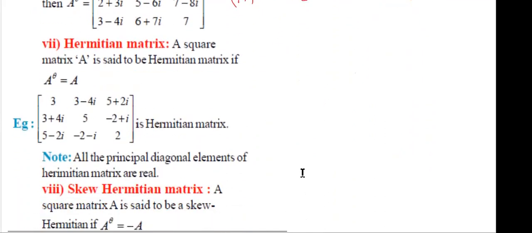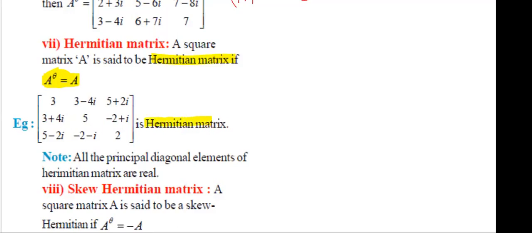Hermitian matrix. See here, Hermitian matrix. A square matrix capital A is called a Hermitian matrix if A conjugate whole transpose is equal to A. If you get the same matrix, we say that it is a Hermitian matrix. See one example given. This is a Hermitian matrix.